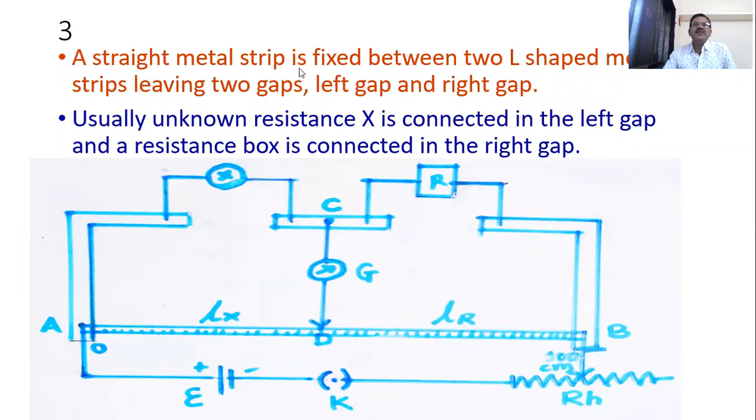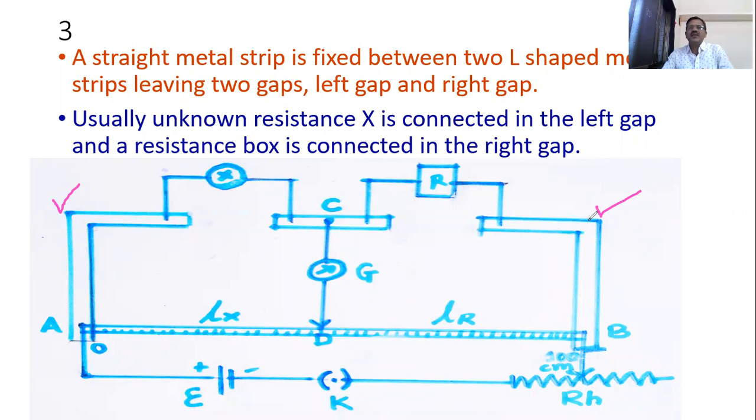A straight metal strip is fixed between the two L-shaped metal strips, leaving two gaps, the left gap and the right gap. This is an L-shaped metal strip, and this is an L-shaped metal strip.